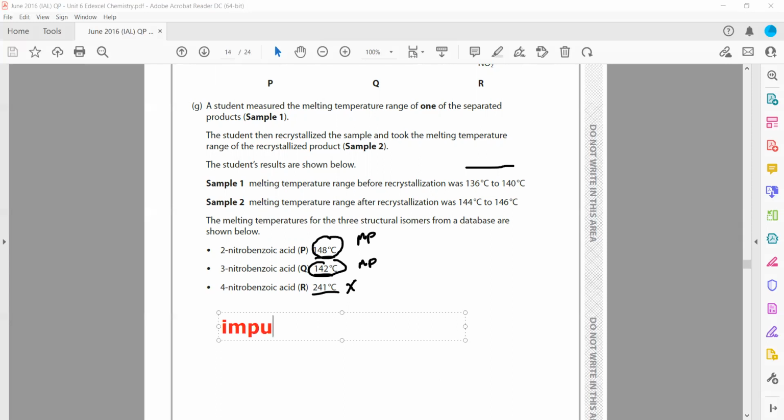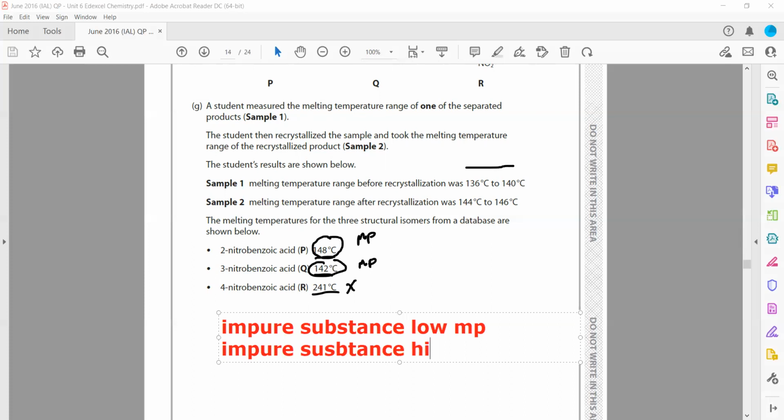If a substance is impure, it will have a low melting point and a high boiling point. So the boiling point increases and the melting point decreases compared to the pure substance.